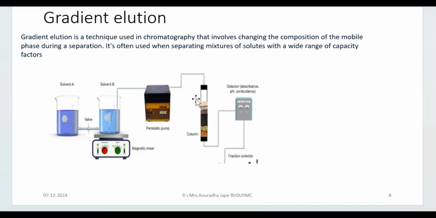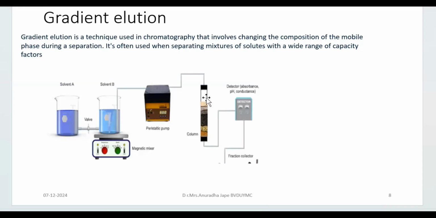It is moved down the column, and then at the other end of the column, the elution pump is attached, which is going to collect the volumes at a particular speed. Again, the outflow rate also is specific, and then you are going to analyze it with the help of analyzers. The detectors and analyzers we will talk about in detail: what the different methods are, and whether they are connected to any other instrument like a spectrophotometer, etc. That we will talk about later.